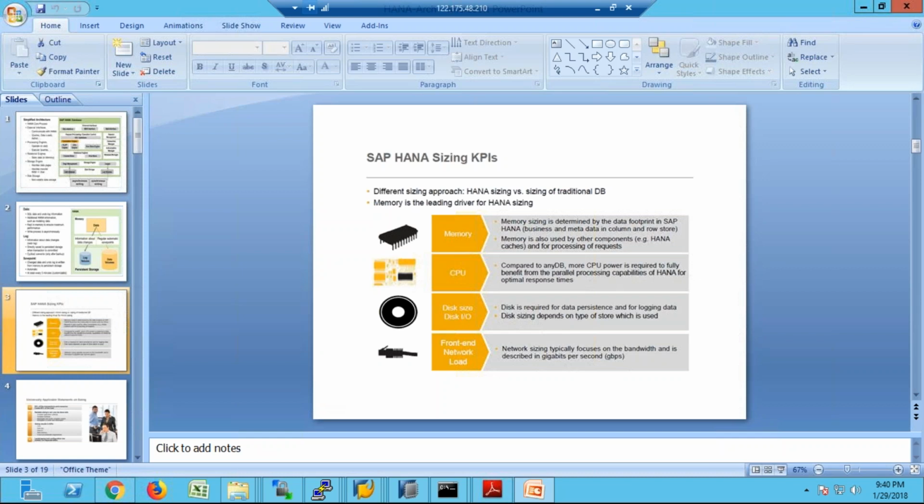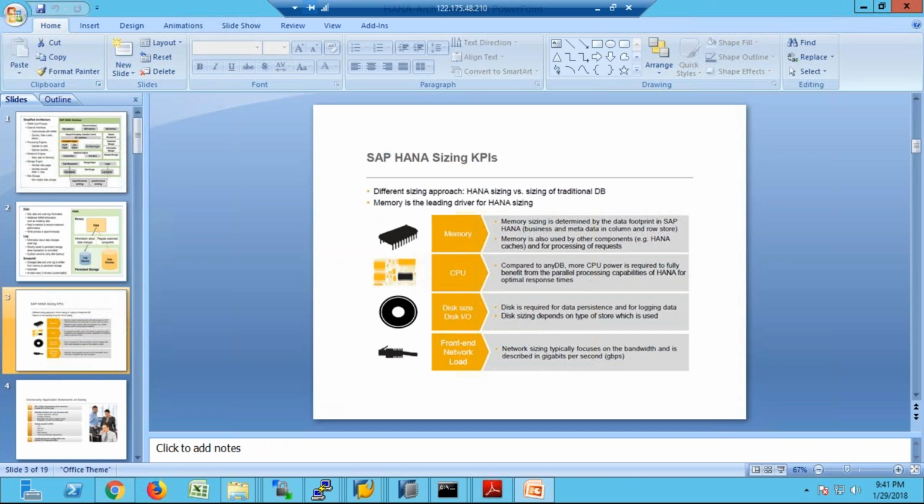So the first and foremost thing you need to do, if you already know a little bit about SAP sizing, is get the guidelines and recommendations given by SAP, and you need to refer to that always.